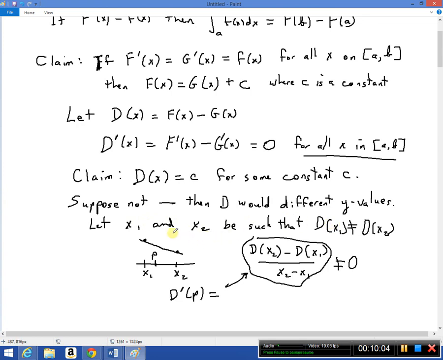And see, that's a problem. You can't have two different y values for a differentiable function whose derivative is 0 everywhere, because the mean value theorem says somewhere you're going to have an instantaneous rate of change of 0, but you're assuming that there is no place where the instantaneous rate of change is 0. So this is hopeless. This is a contradiction.